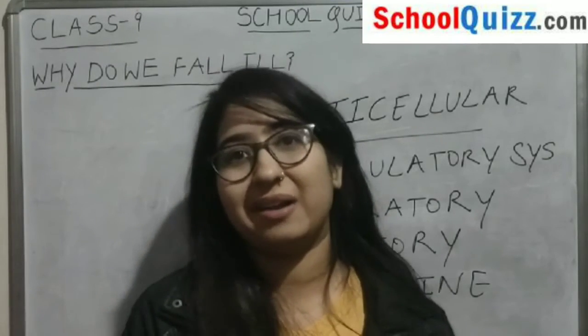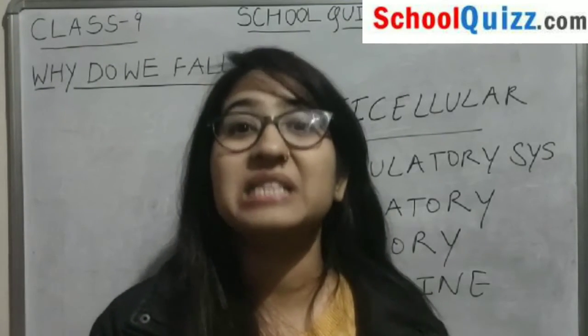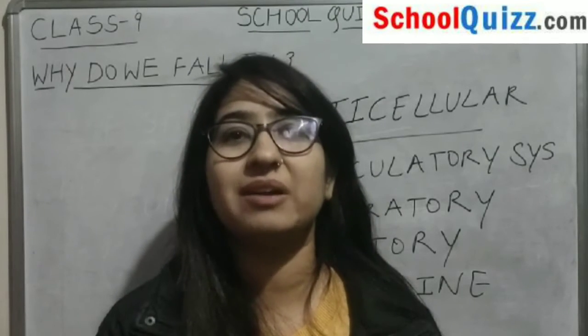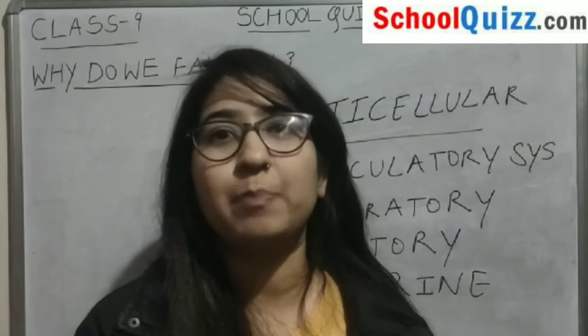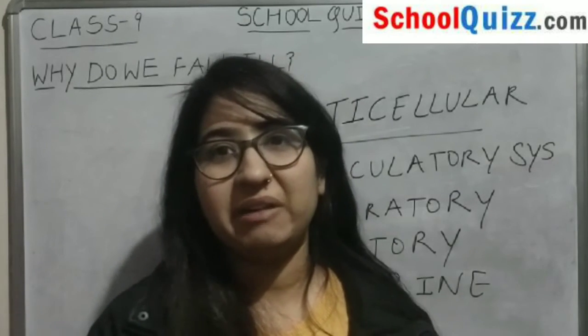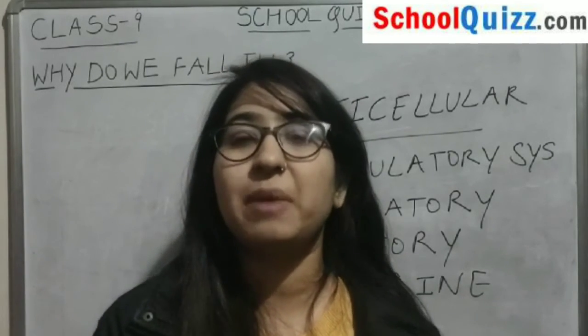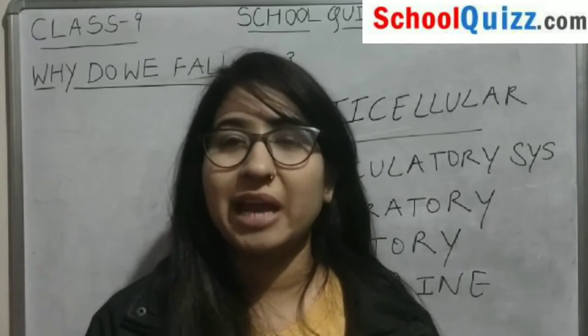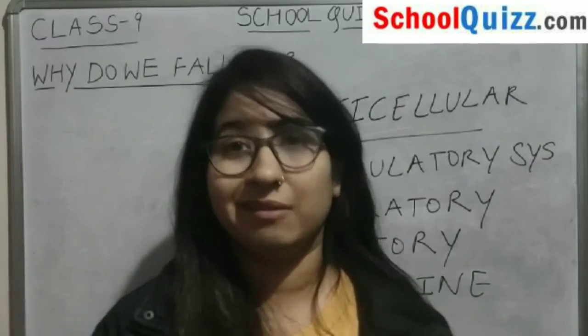All these things are included in your class 11th syllabus, in which there are separate chapters related to the endocrine system, respiratory system, circulatory system, and there you will deal with all these concepts in detail.